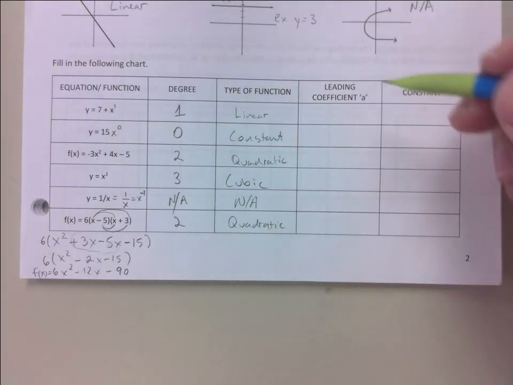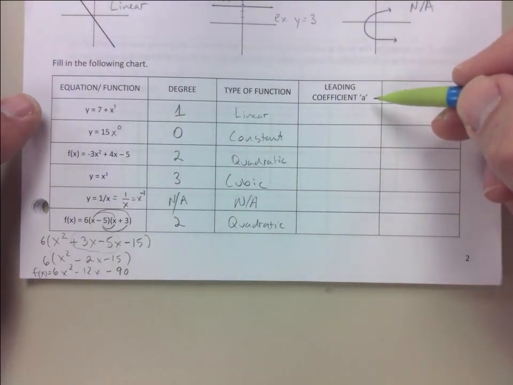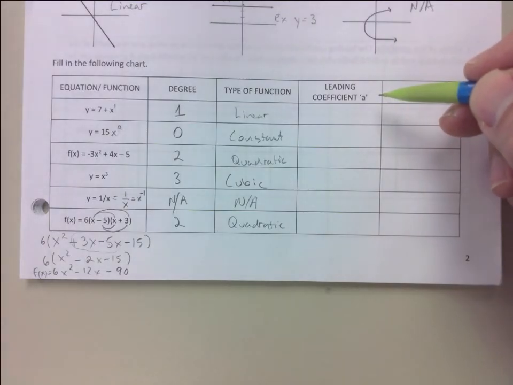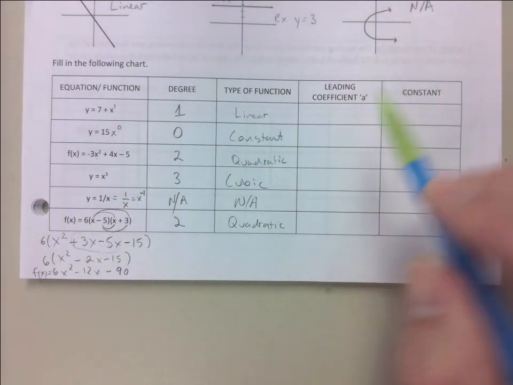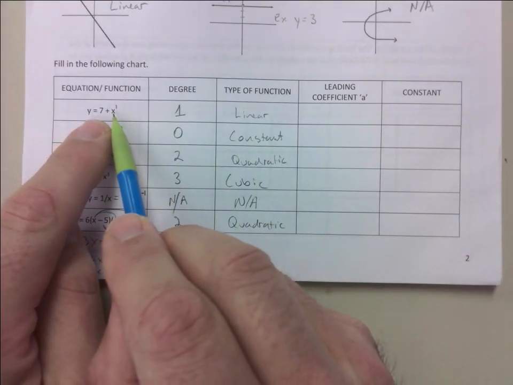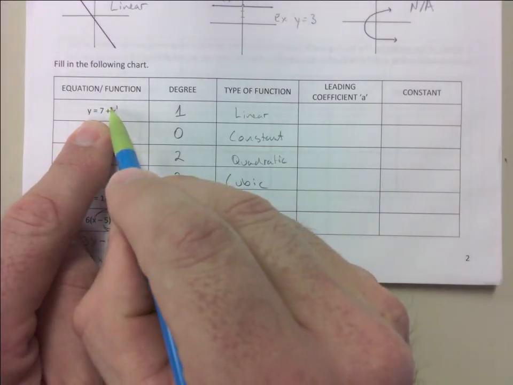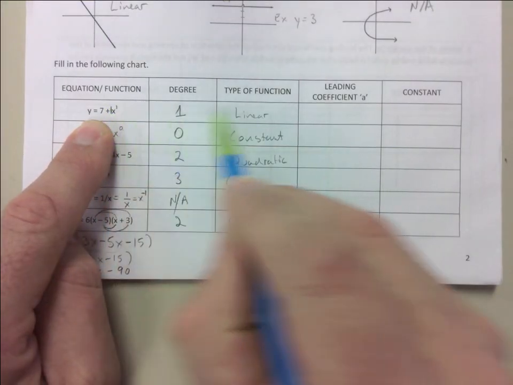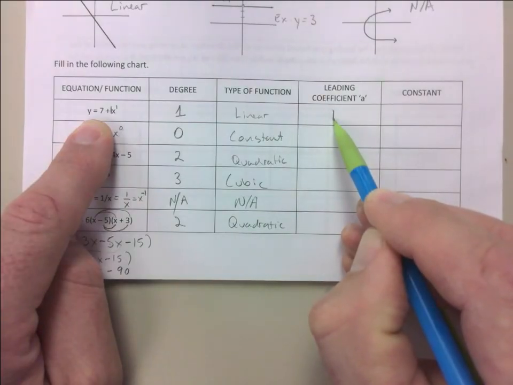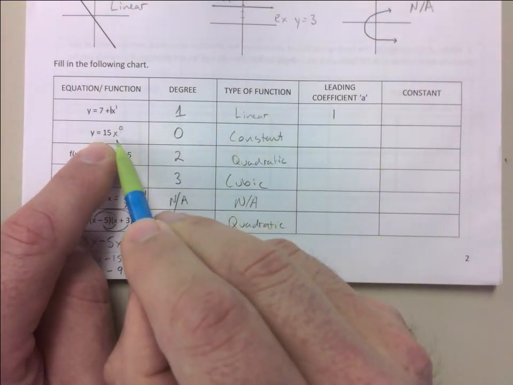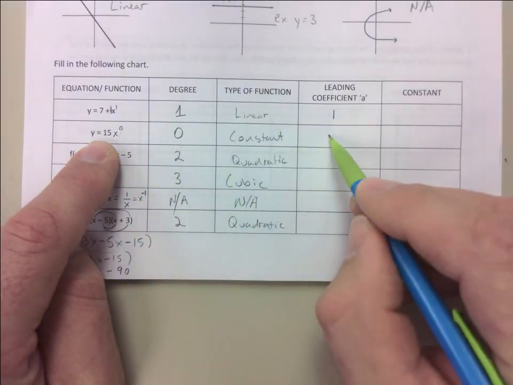Okay. Leading coefficient. The leading coefficient is always found, listen carefully, in front of the greatest variable, like the variable with the greatest power. So over here, what is in front of x right now? A 1. There's a 1 in front of it, so the leading coefficient is 1. What would you say here? 15 technically.